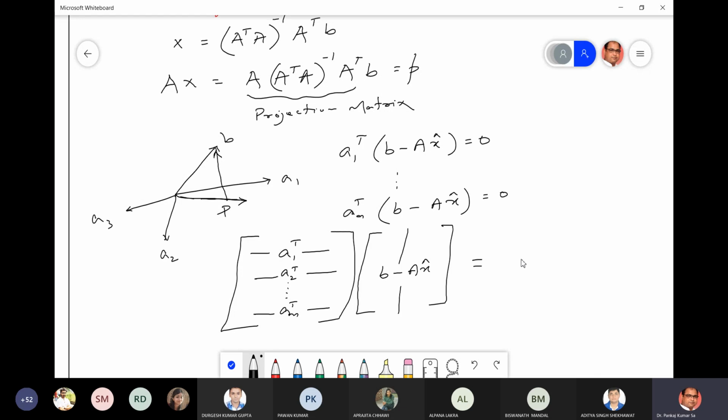This is equal to 0. Now, what exactly is this? This is again the same thing: A transpose times (B minus AX) equal to 0.